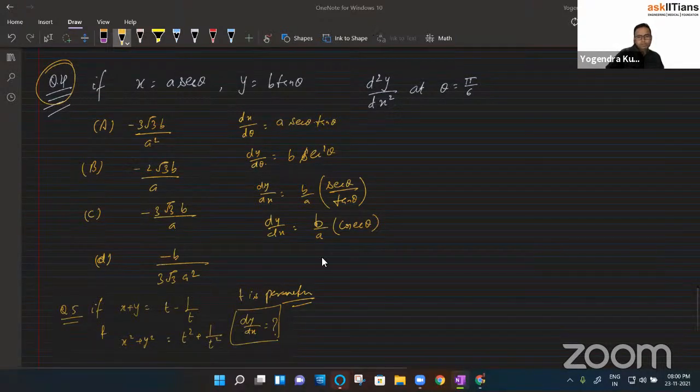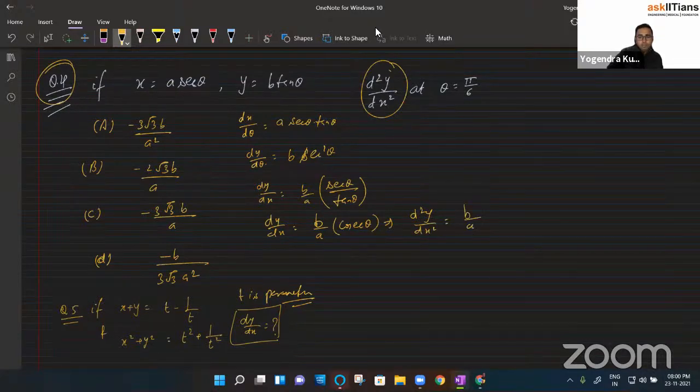Clear or not? Yes. Now, I need to find the double derivative. So, differentiate both sides with respect to x. So, d2y by dx square is equal to b divided by a, minus of cosec theta cot theta, and d theta by dx. Are you understanding this? What did I do? I have differentiated both sides with respect to x, right?